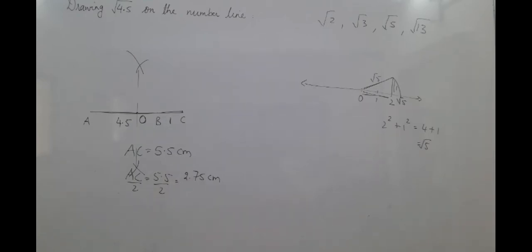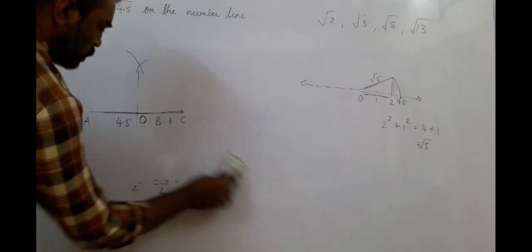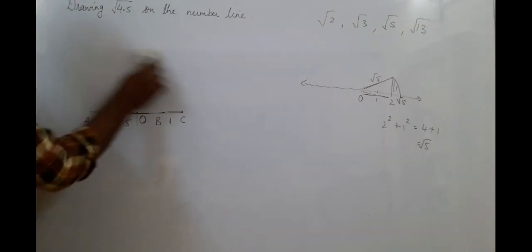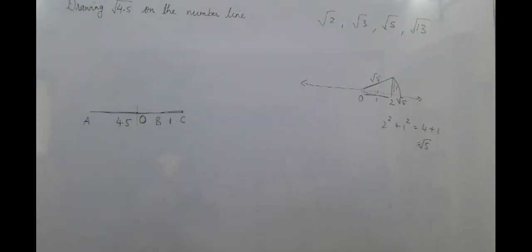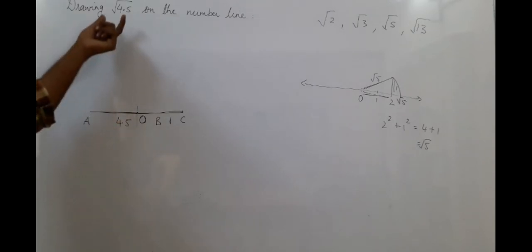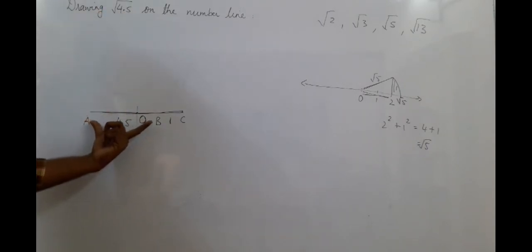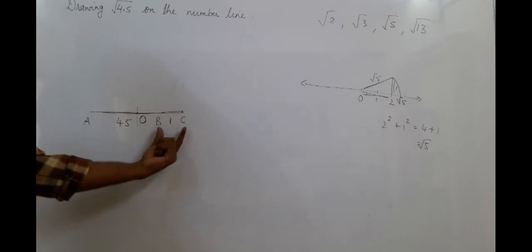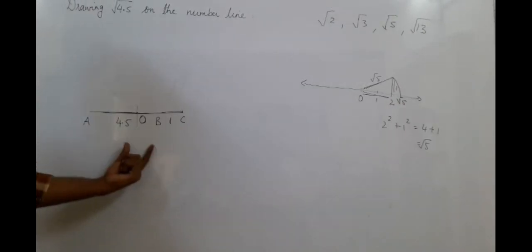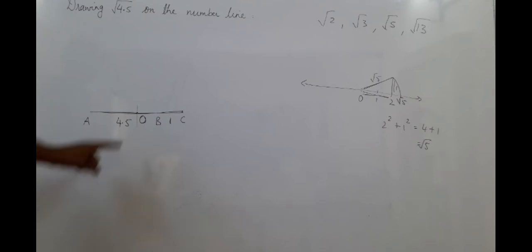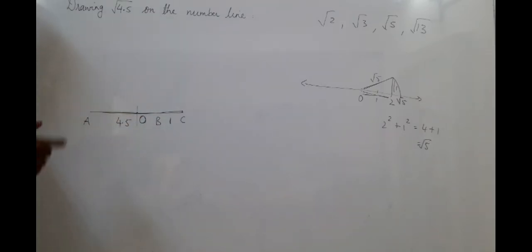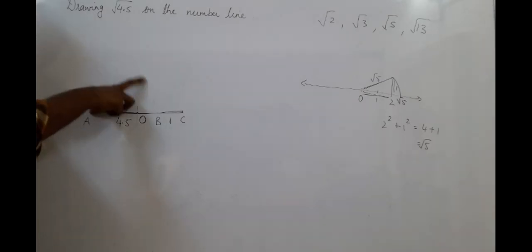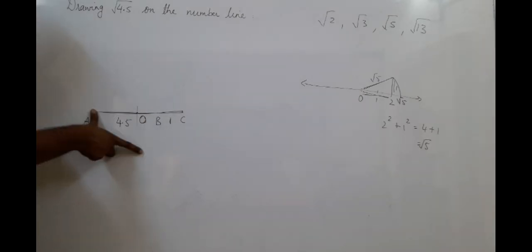So let me try to make it clear again to you. Let me rub this off. What we have done, 4.5 centimeter. We want to find root 4.5 on the number line. So 4.5 I have taken AB and I took 1 unit more. So AC became 5.5. Again, how to find the midpoint, exact midpoint? Using your rounder, you put your pencil inside and at this point you have to draw an arc on the top and an arc at the bottom.